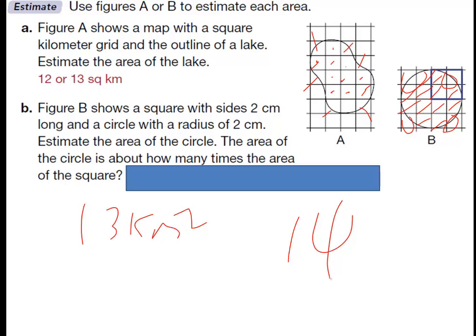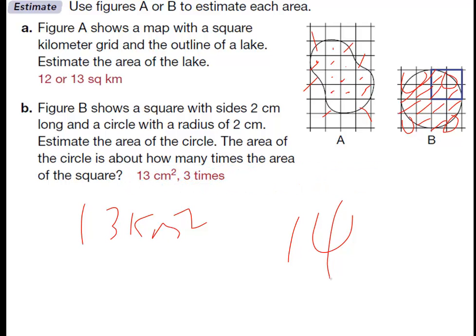So the circle is going to be about 3 times larger than the square, roughly. So again, it's an estimate. You've got to get close, and it depends on how you count your squares as far as wholes and halves. But it's important that you be consistent so that you're close to the right answer.